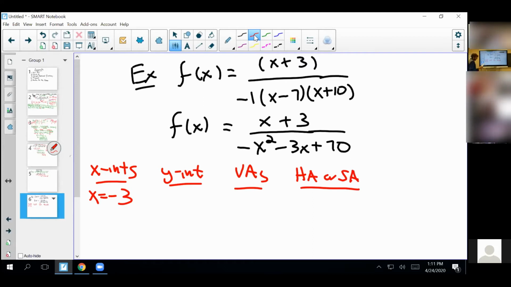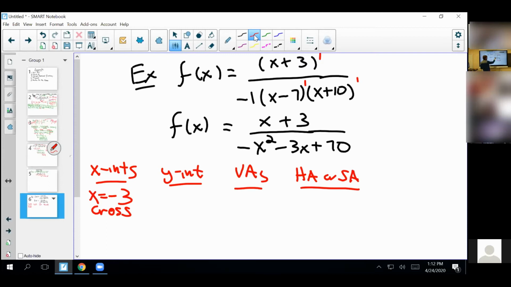We'll do that in a different example. I've got another example later where we're really getting to the multiplicities, but we actually do care about the multiplicities here. Now, the multiplicities here are all ones, so this is going to be a cross. Okay, so that's the x-intercept.